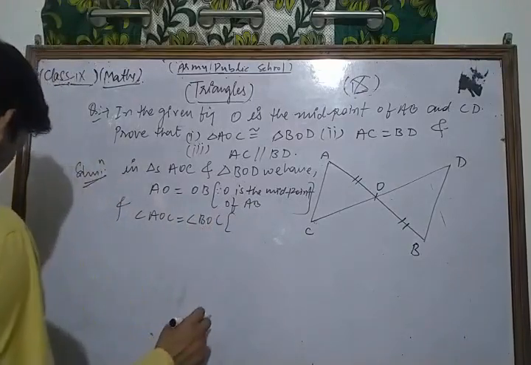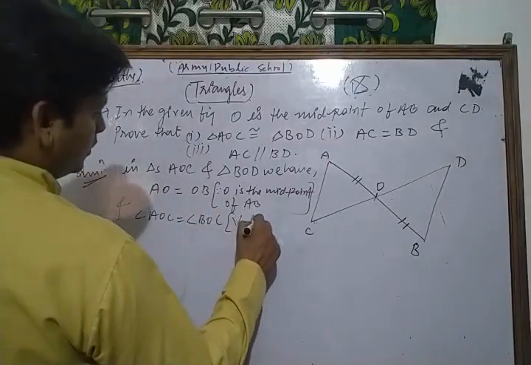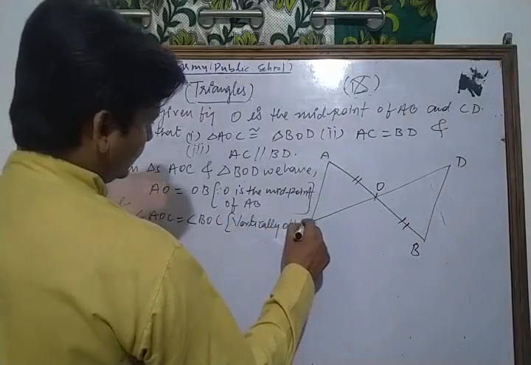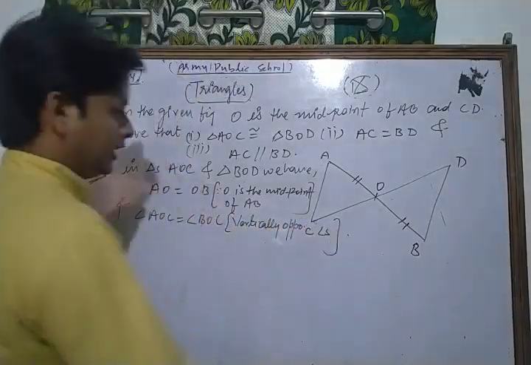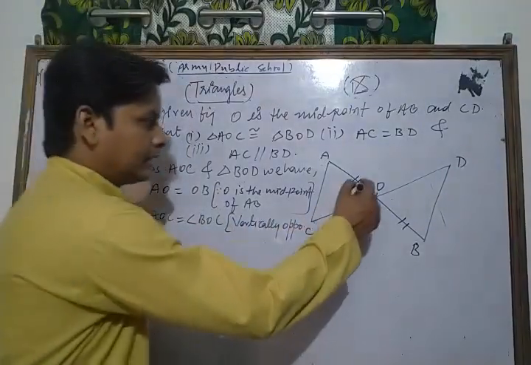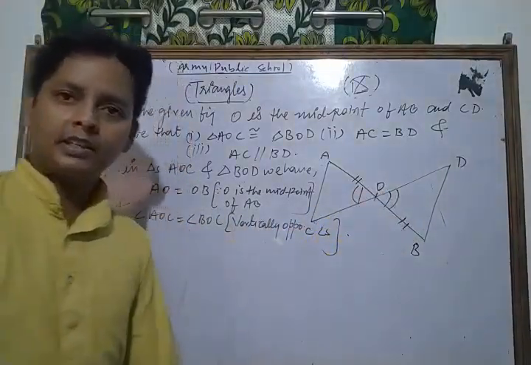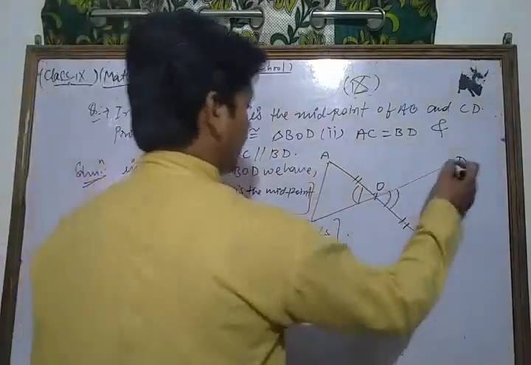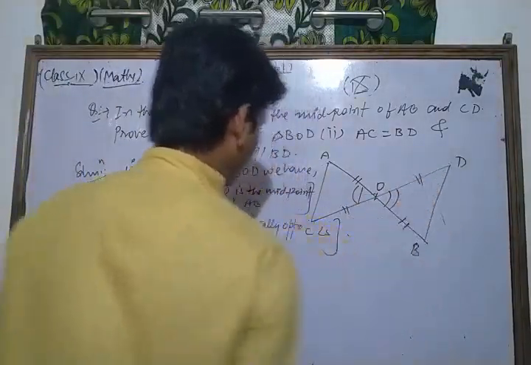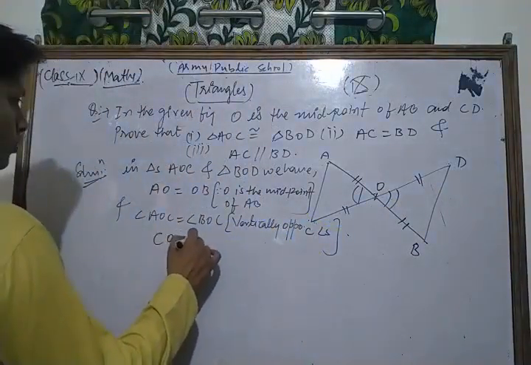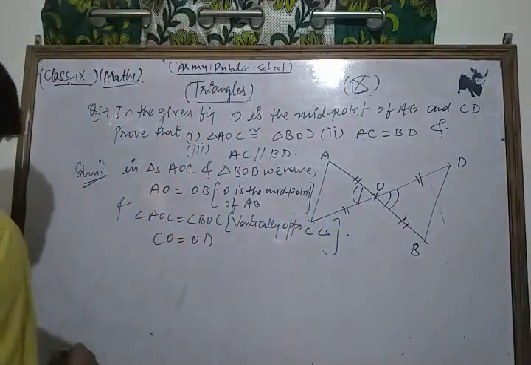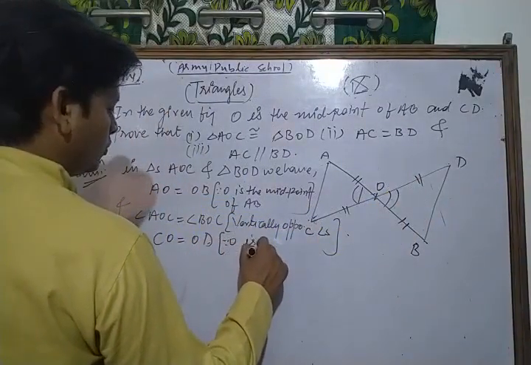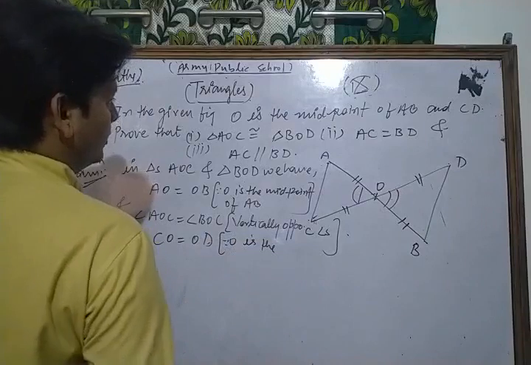These are vertically opposite angles, and you know that vertically opposite angles are equal to each other, so angle AOC is equal to angle BOD. And CO is equal to OD, because O is the midpoint of CD also.